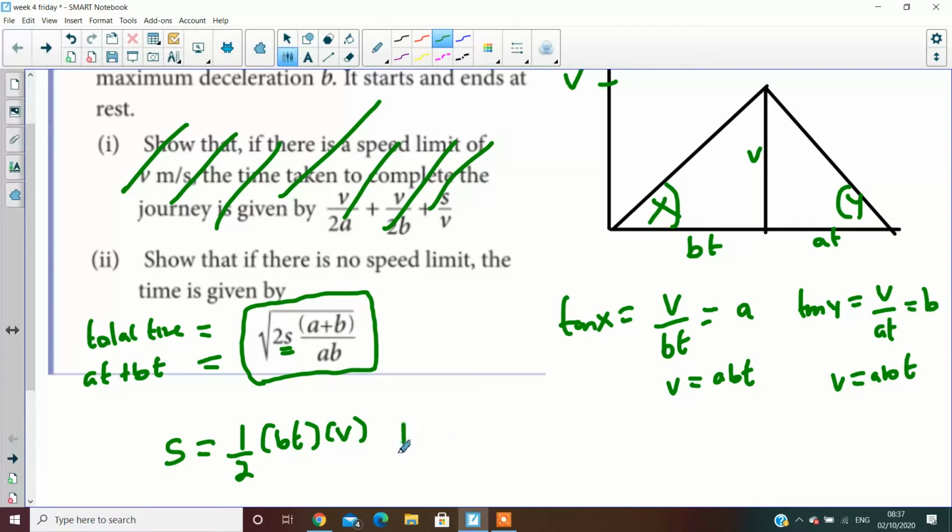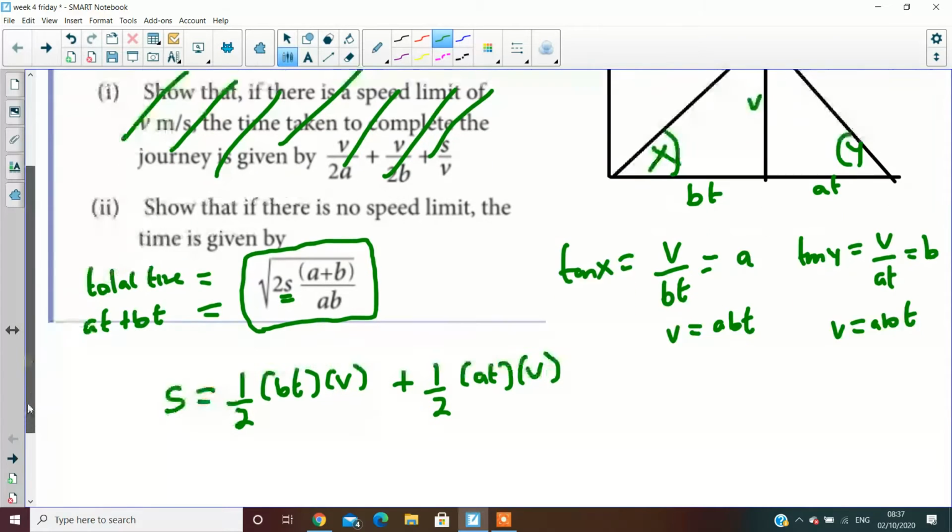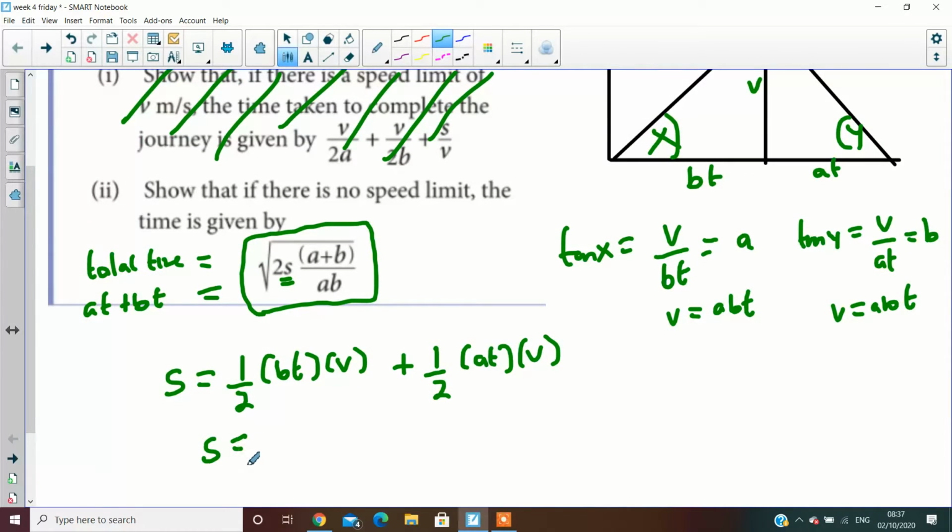And plus next part, a half AT times V. Okay, no bother. So S equals BT over 2 plus AT over 2 times V, same deal.